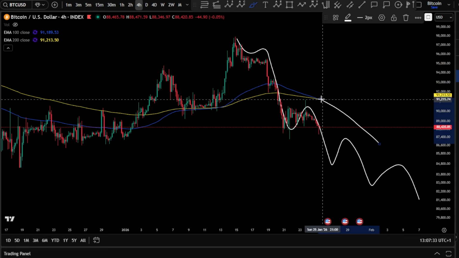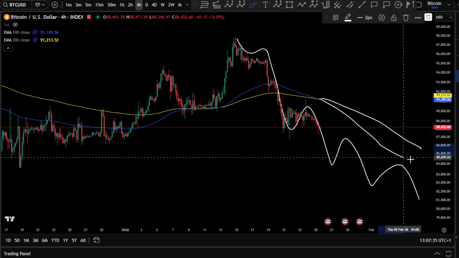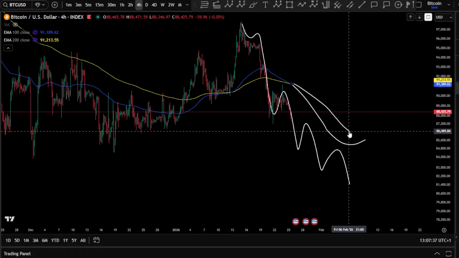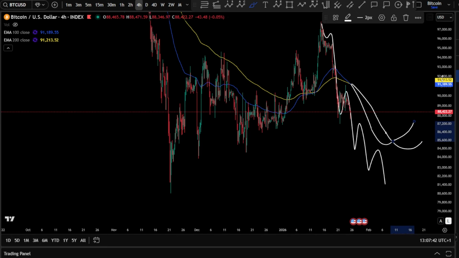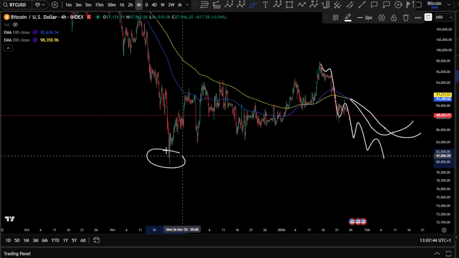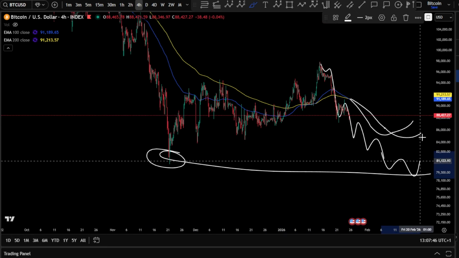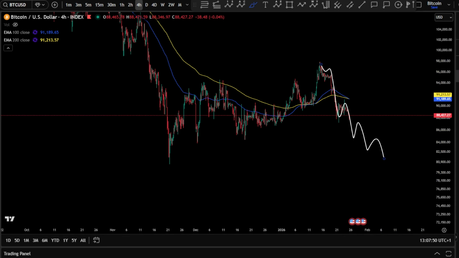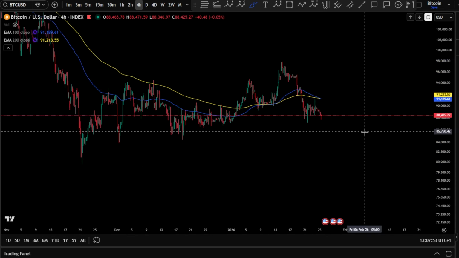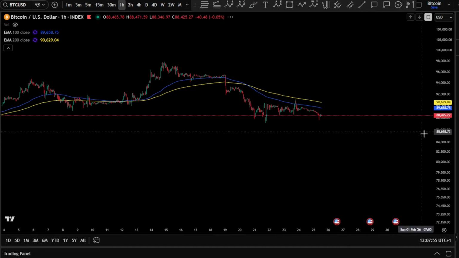I'm expecting these EMAs to start to open until we reach our expanding flat, wave C, and start to see something bullish, like a bullish cross. We need to take the lows there, so we need to take the 68K, even lower than this. So expect a very massive drop, guys, for Bitcoin on the 4-hour chart.